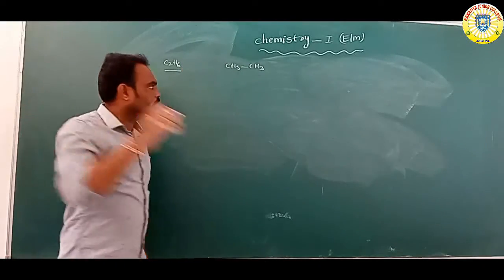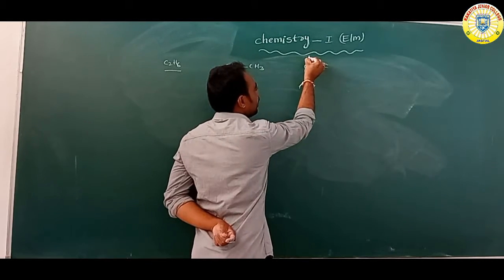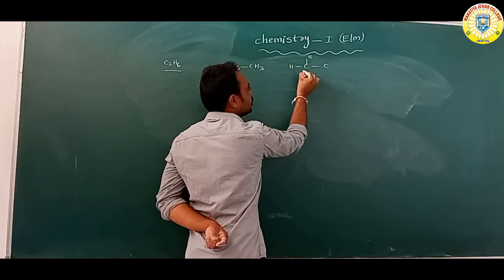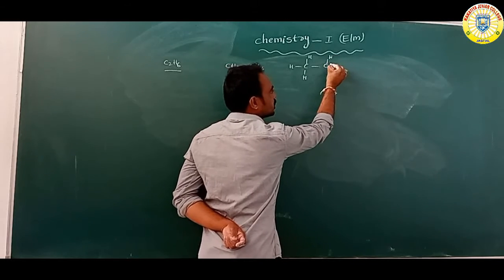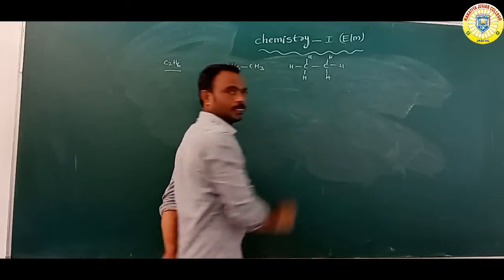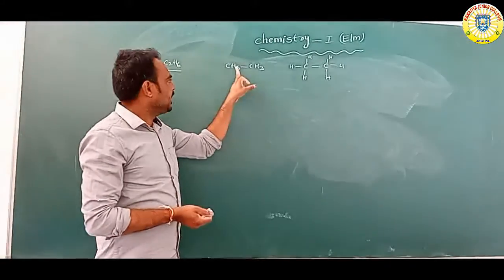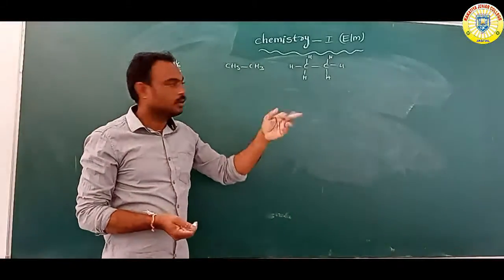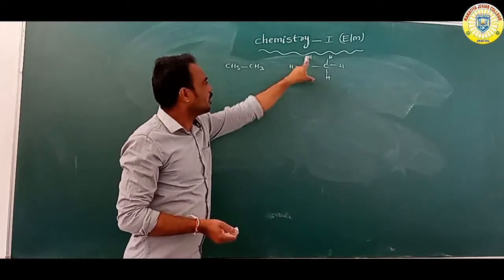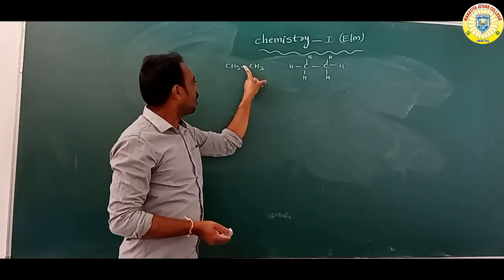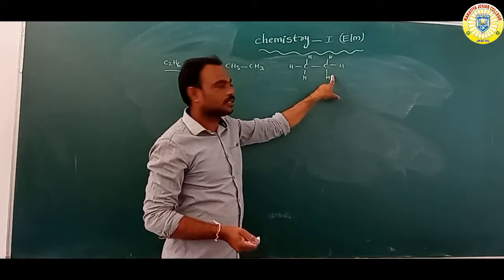So carbon bonded to carbon, with 3 hydrogens on this carbon, and this carbon is also attached with 3 hydrogens. Is it clear? Listen, each carbon is attached with 3 hydrogens: 1, 2, 3.